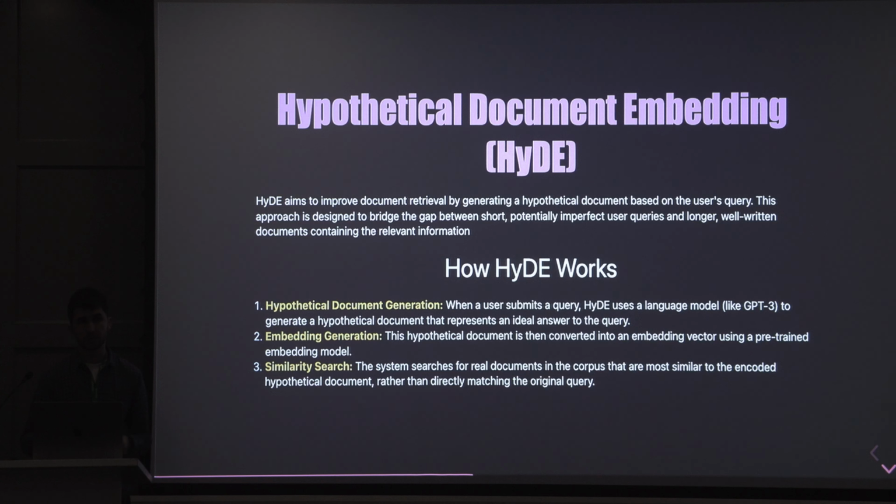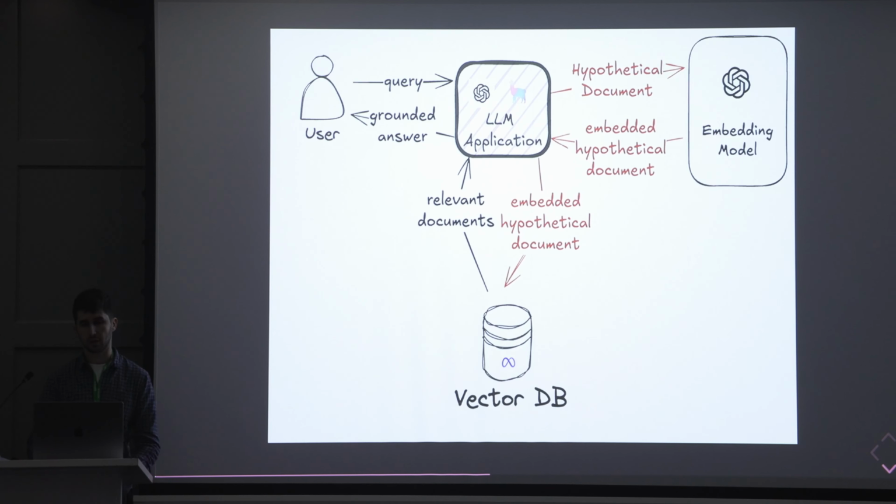And how does it do that? Given the user's query, it will create a hypothetical document using an LLM, meaning we will take the query, feed it to the LLM with an instruction of creating a hypothetical document. And then that hypothetical document will be embedded to then be searched for documents that look like it in our vector database. So in architecture, it looks like this.